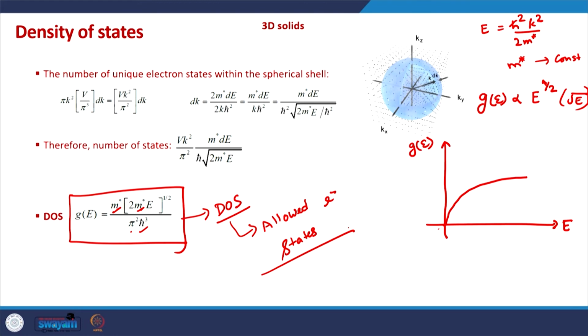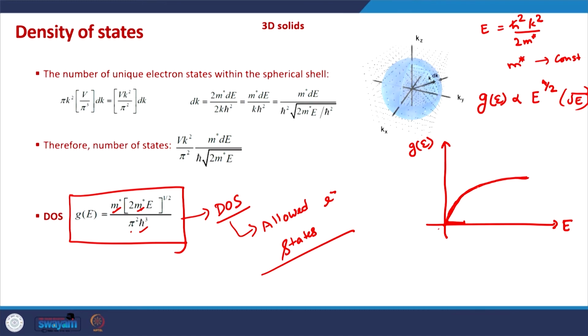So, in 3D materials, it turns out that for low energy values, this G(E) is very small. So, the density of states in 3D materials is very small for small energy values. But as we increase the energy value, as we go to higher energies, this G(E) becomes more, and ultimately it becomes a saturating kind of function.